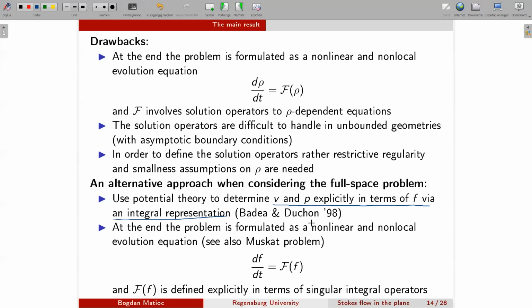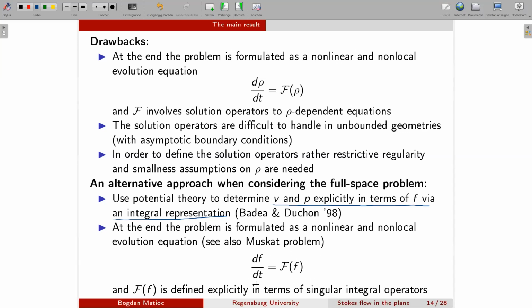And this is something which appears first in this paper of Baiocchi and Duchon, where they consider the problem with equal viscosity. And this is something which was used quite recently a lot in the study of the Muskat problem. So the advantage is that at the end, one obtains again an evolution equation for the interface f.